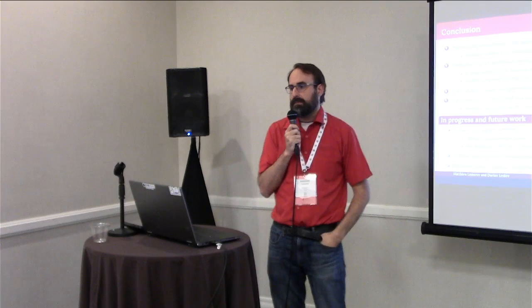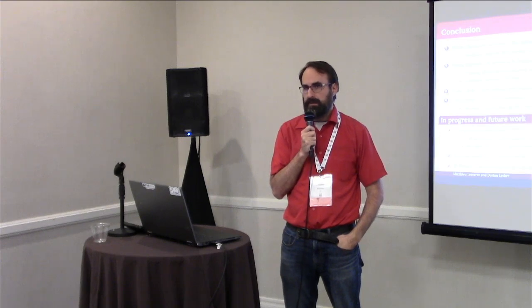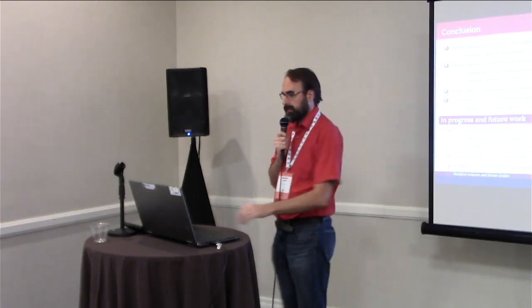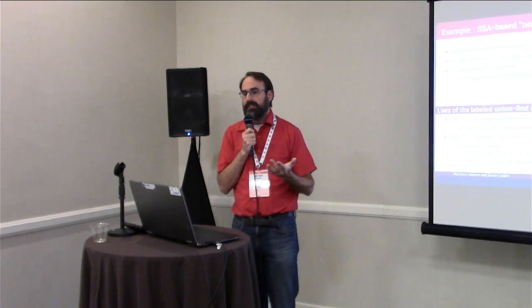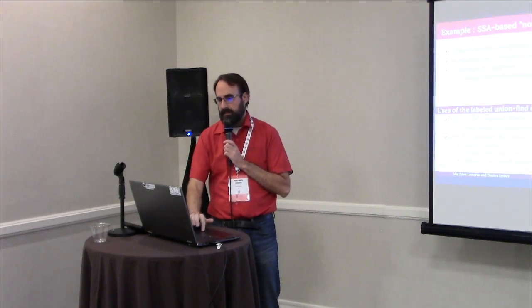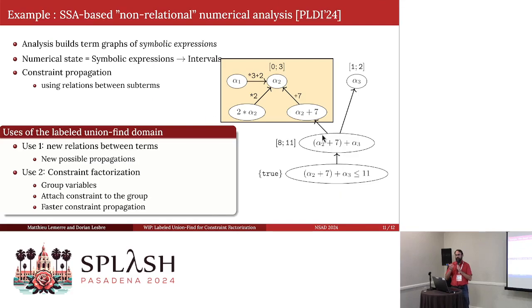Yeah, I think from what we saw, it was less than 10% overhead, so very, very, very cheap. Something that I did not mention is that we are in this particular setting of an SSA-based analysis. So what you have here is that the relation between different terms is flow insensitive, and because it's flow insensitive, you can represent it in a union find, the imperative union find, the standard one where you can do path compression and things like that.